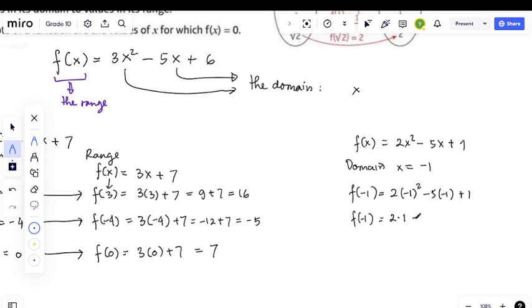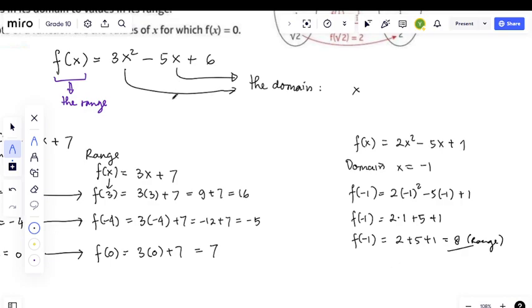Negative 5 times negative 1 it's plus 5. Hitunglah dengan hati-hati supaya hasilnya benar. There you go. So when the domain is negative 1, the range is 8. Okay, this is the range.